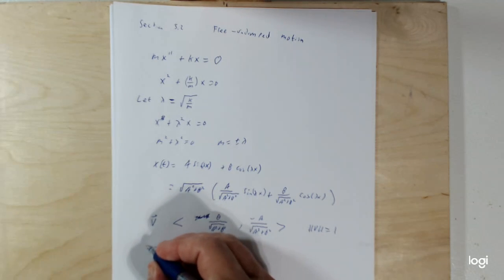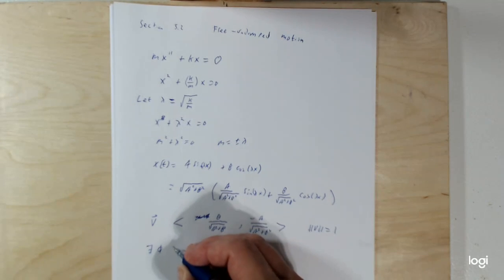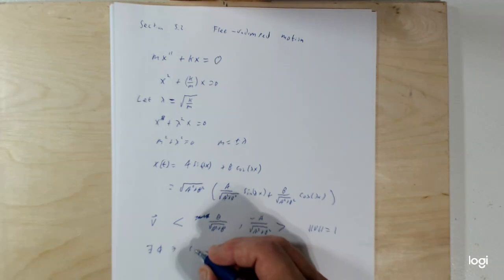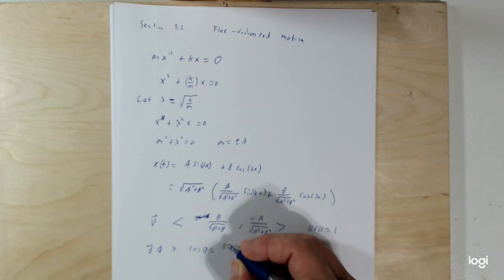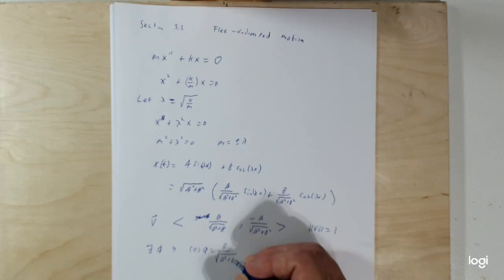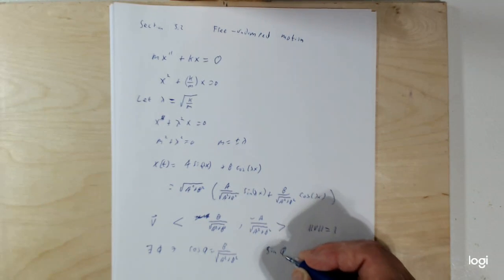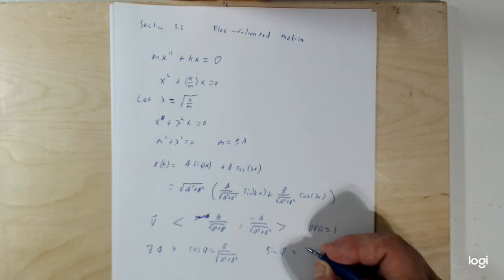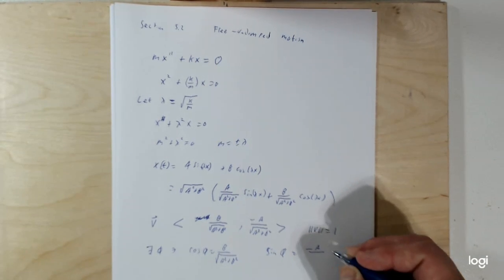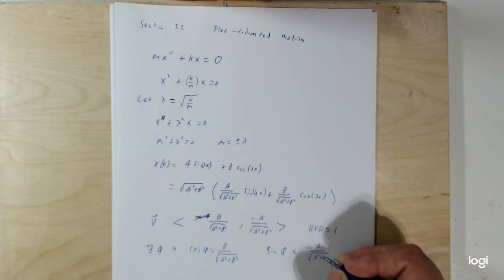So there exists some angle, phi, such that cosine of phi is our b over square root of a squared plus b squared, and sine of phi is our opposite of a over square root of a squared plus b squared.